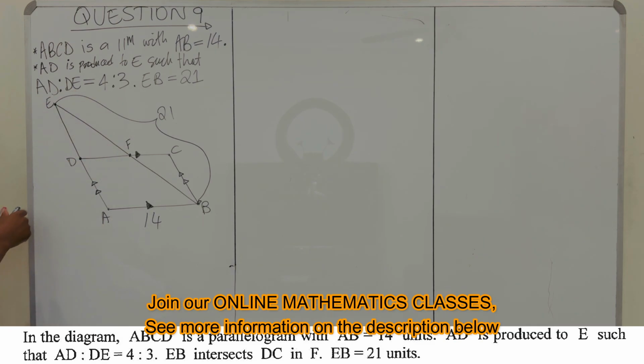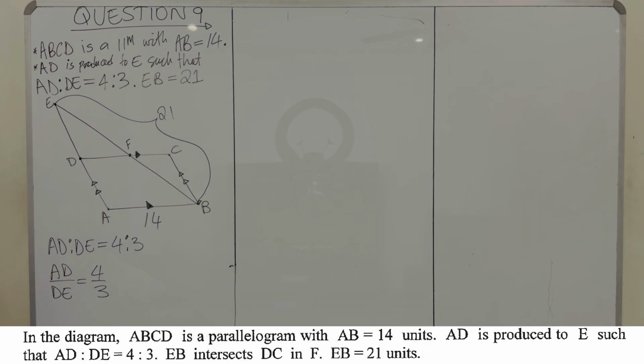It means that AD divided by DE is equal to 4/3, which is the ratio of AD to DE. So here is our ratio, 4/3.